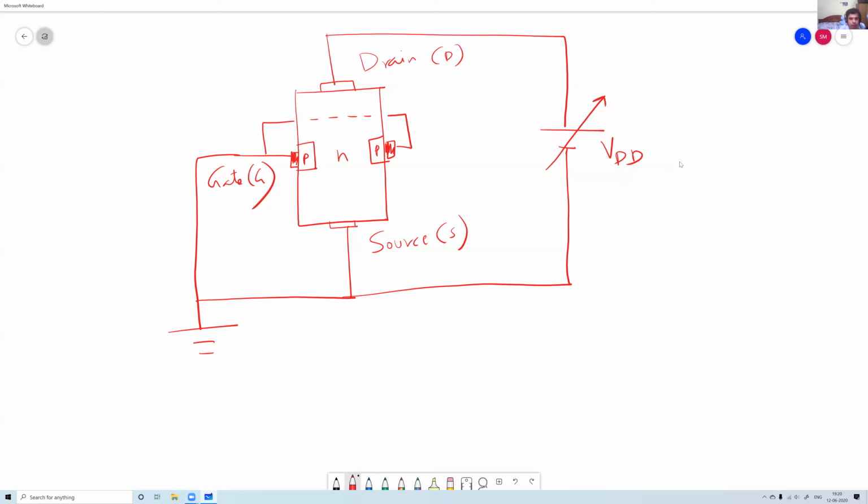So the electrons move in this direction. If you have any doubt, you can just type on chat. The direction of the conventional current is opposite to the flow of electrons, so the current moves in this way. That is how a current flows through a JFET. So far, okay?